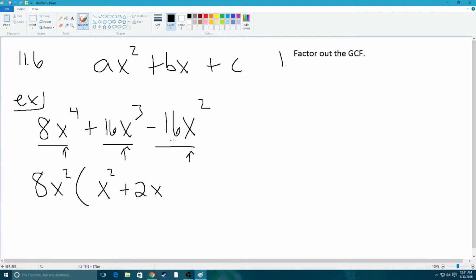And this last term divided by 8x squared is going to give us a negative 2. Okay, so we got this factored, and now we're going to see if we can factor this polynomial.